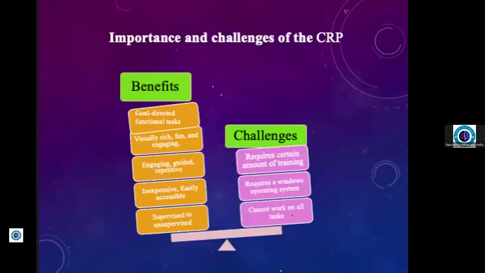So at the end, what were the benefits of using this kind of technology-based rehabilitation platform, and what were the challenges? Many inexpensive, easily accessible, common modern games are now available in the market. They're visually fun, rich, and engaging, and they can include different varieties of visual spatial tasks and cognitive tasks.